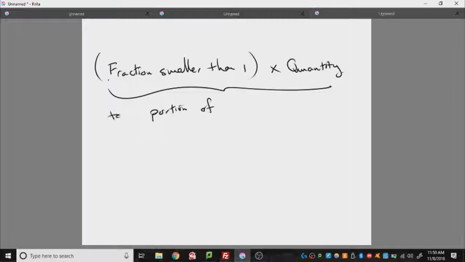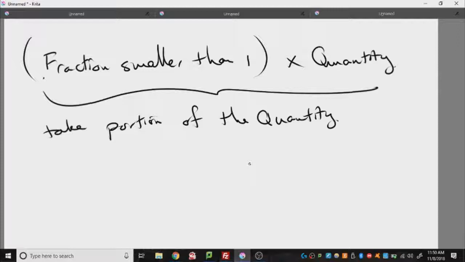I'm taking a portion of the quantity that we have. That is the intuitive concept for fraction times a number. But that's not the intuitive concept of multiplication in general.